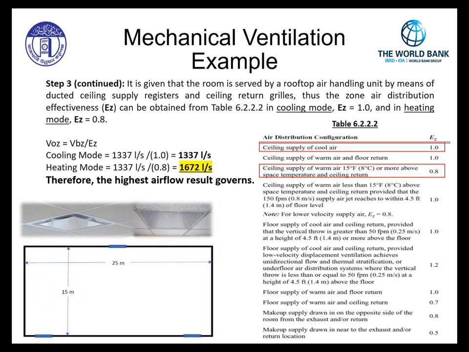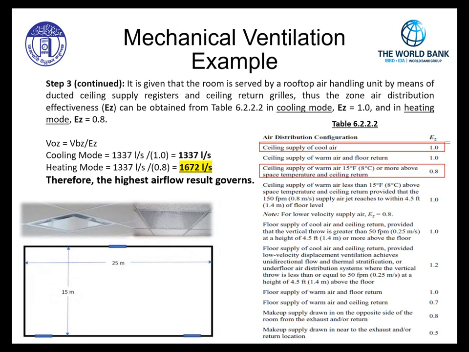For cooling mode, we simply take our V sub BZ that we calculated prior, 1,337 liters per second, and divide it by the coefficient that we find in the table, E sub Z of 1, which equals, again, 1,337 liters per second.